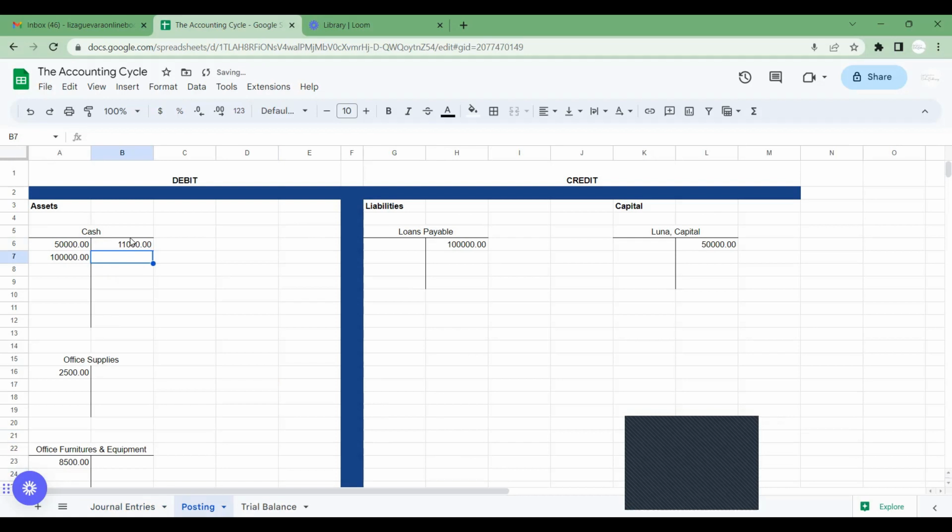So as you can see, decreases in assets are placed on the right side of the account, which is the credit side.